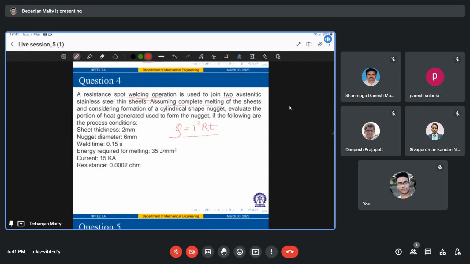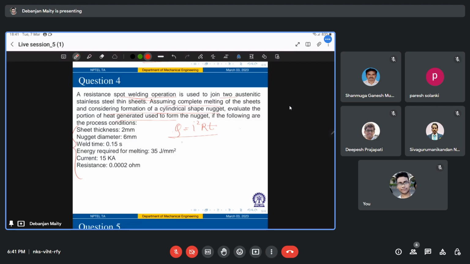There is no melting efficiency as such, and you're considering formation of a cylindrical shaped nugget, and we need to evaluate the portion of heat generated used to form this nugget. You have some values given as sheet thickness, nugget dia, weld time, energy required for melting, and then you have this current and resistance also.